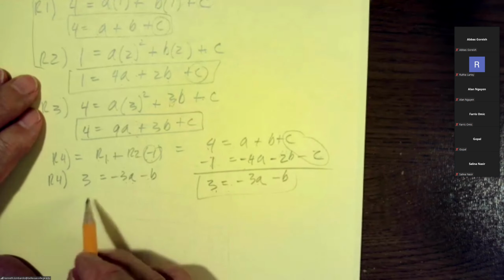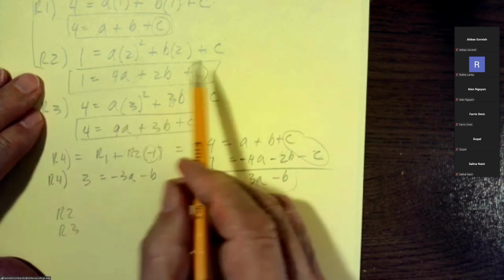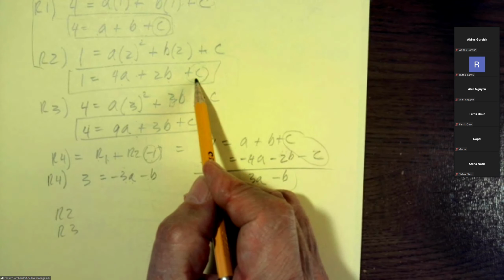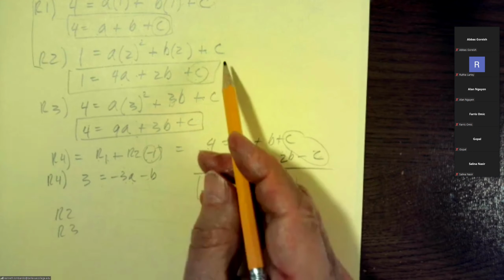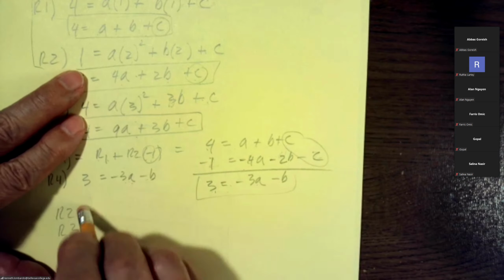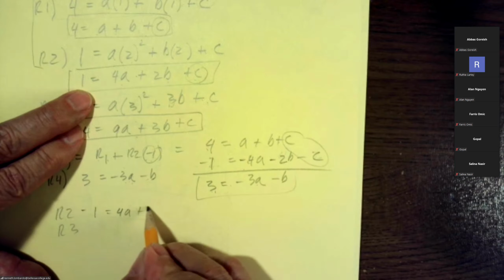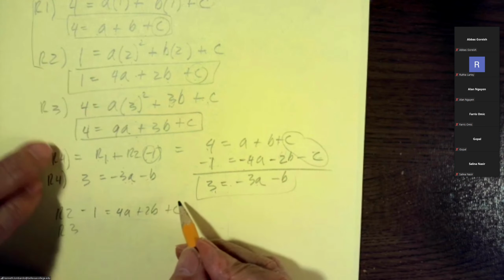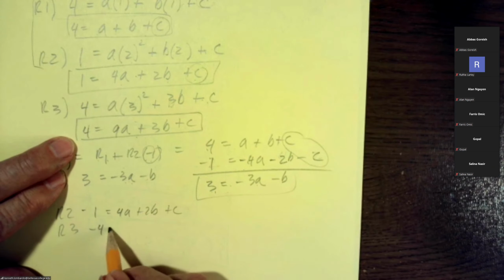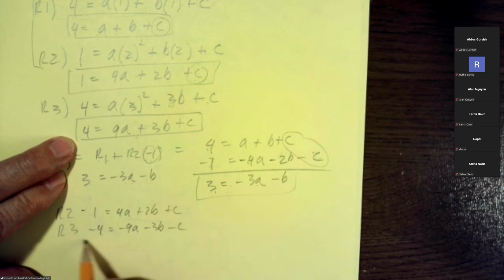So row 2, row 3. And what are we going to have to do? We're going to have to subtract again, aren't we? Okay. So let's multiply row 3 by negative, combine it with 2. So here we have row 2: 1 equals 4A plus 2B plus C. In row 3, we're going to do a negative, so it's going to be -4 equals -9A, -3B, -C.